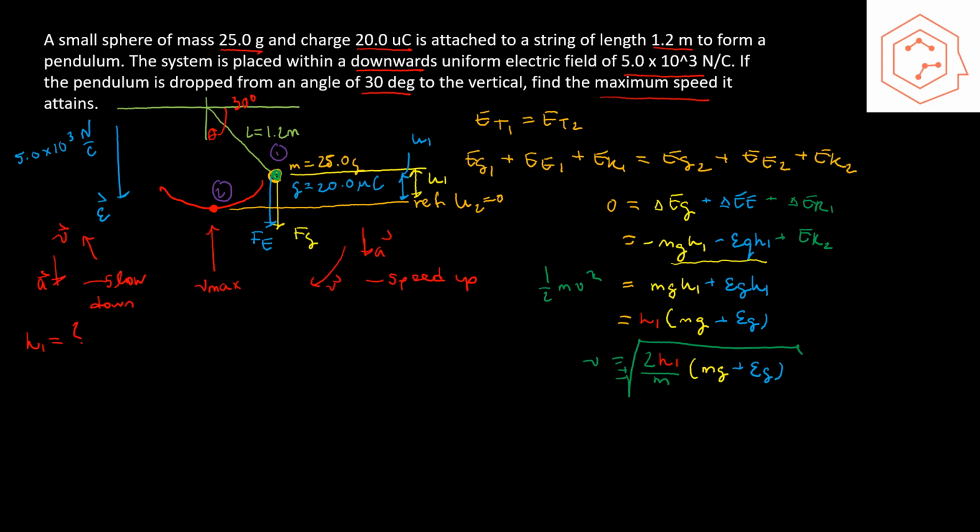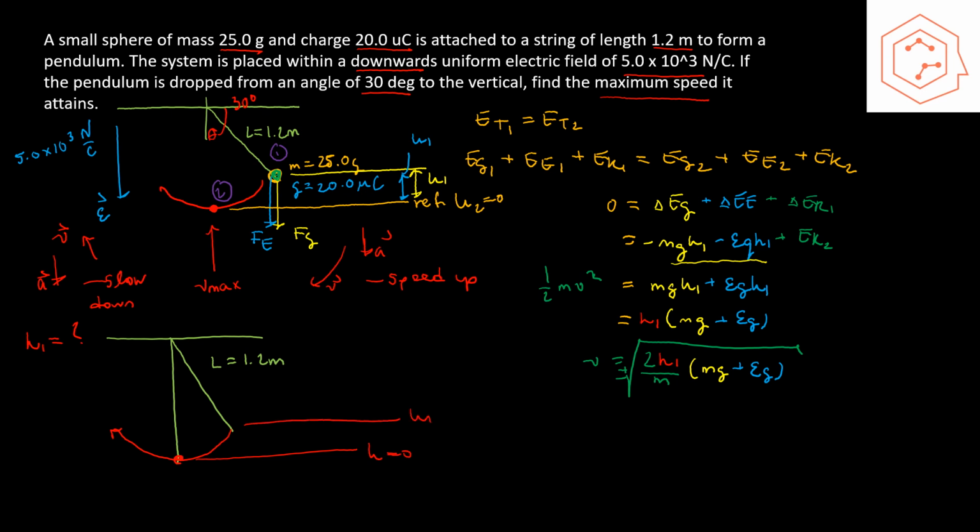So if we consider our pendulum once again, it's going to travel like this. This is our reference, and this is our initial height. Then H1, this is also L. H1 is going to be L minus this distance. And this forms a triangle with angle theta over here, which is 30 degrees.